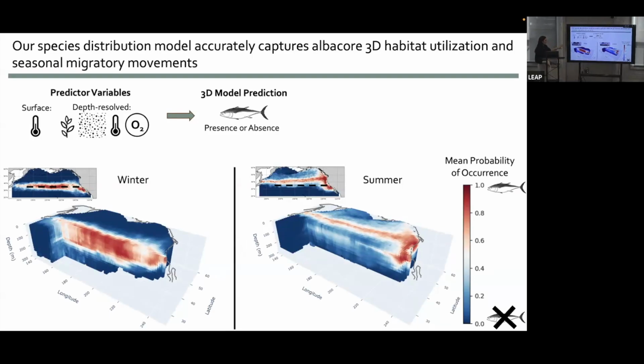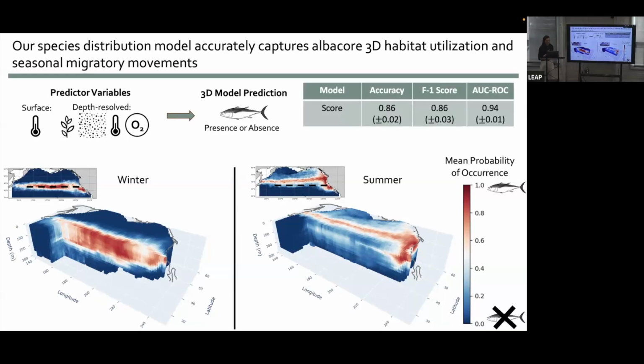So again, fish migrate westward in the winter, tend to reside in the subtropical North Pacific, whereas they reside along the coast in the temperate ecosystems of the California current during the summer. We also see that the model suggests that the fish dive much deeper in the water column in the winter, whereas the fish tend to reside in the upper water column along the coast. And that also aligns with behaviors that we see in the fish tagging data.